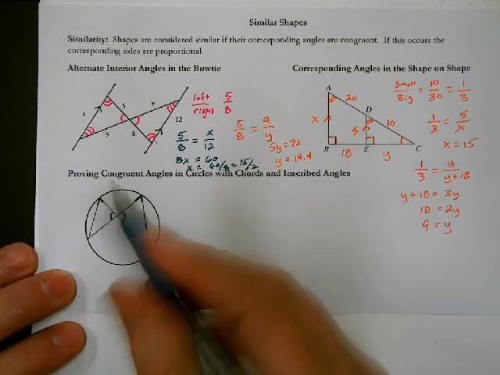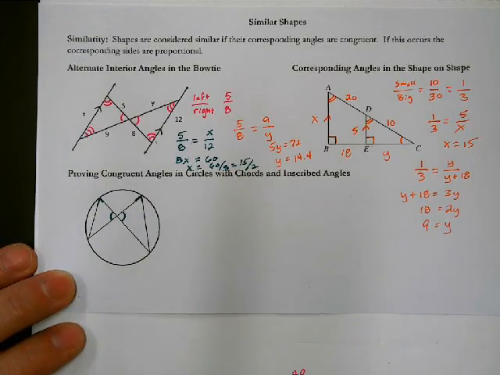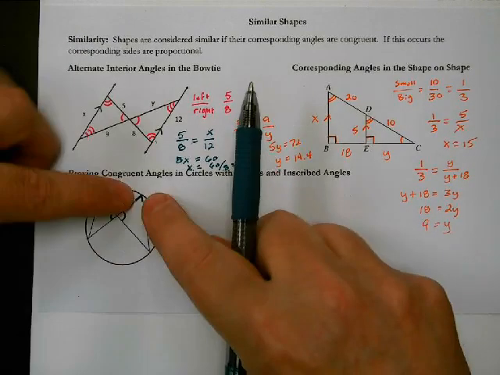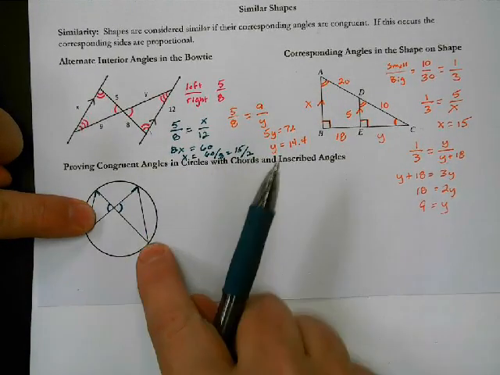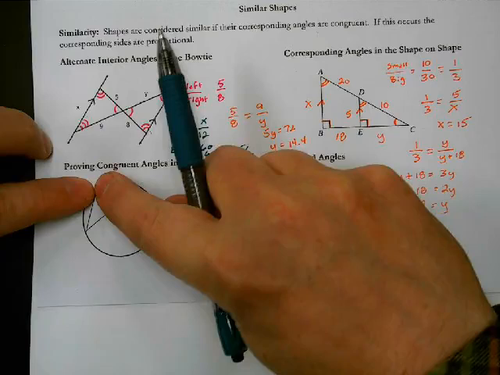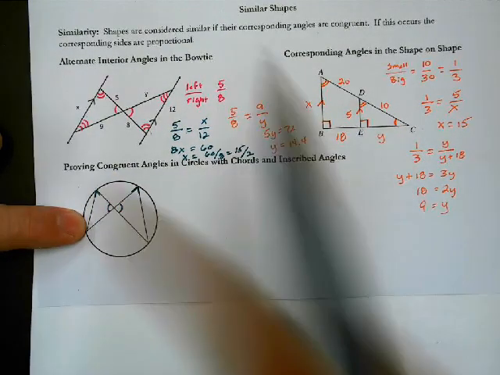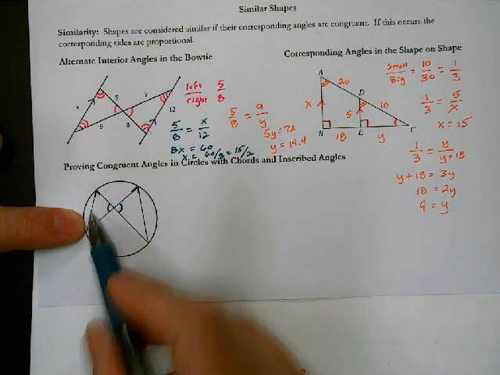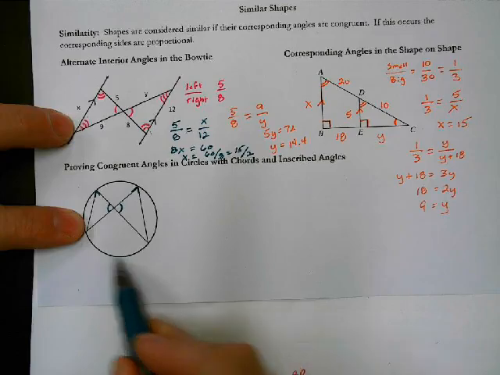Now, these two inscribed angles are the exact same measurement, and here's how I know. If I follow this angle out, this angle covers this portion of the circle, and then this angle over here covers the exact same portion of the circle. Therefore, inscribed angles are congruent when they cover the same section of the circle.